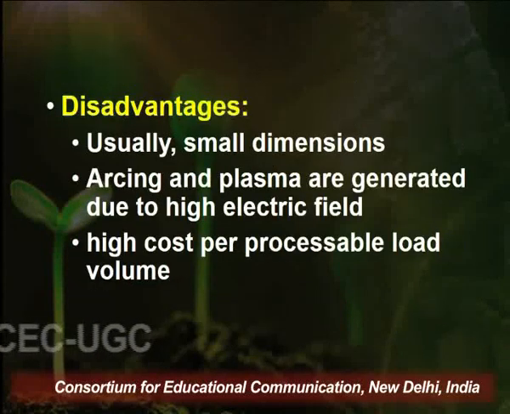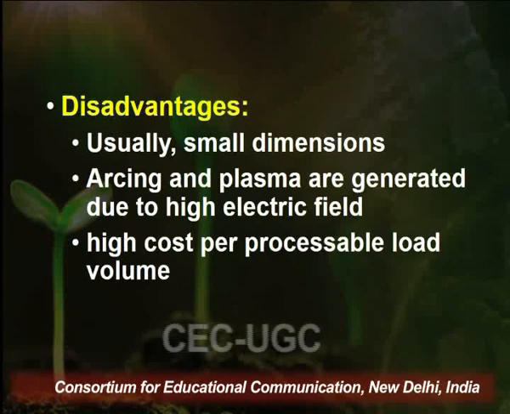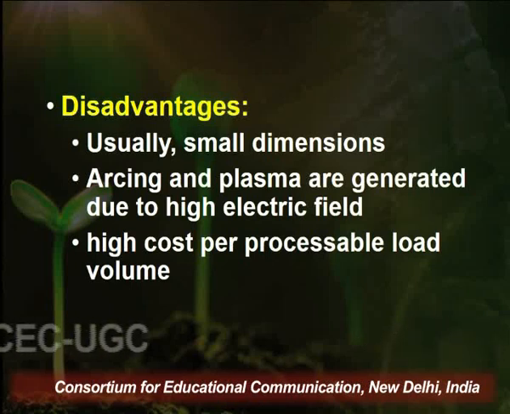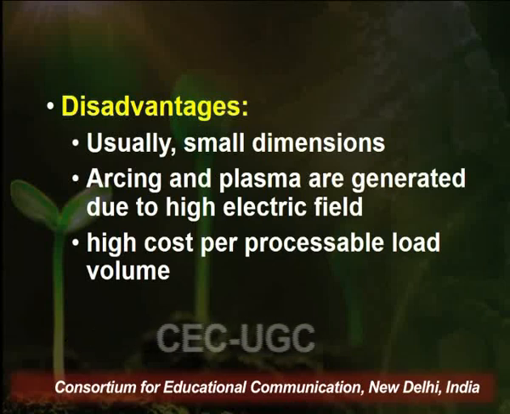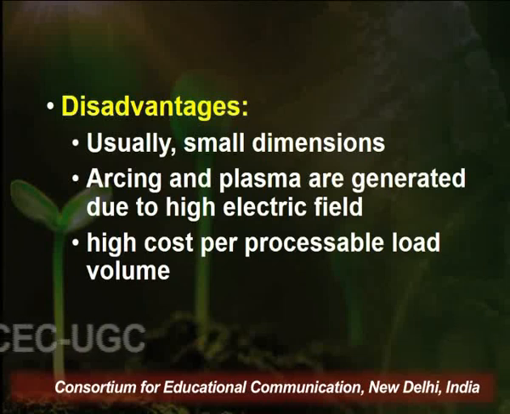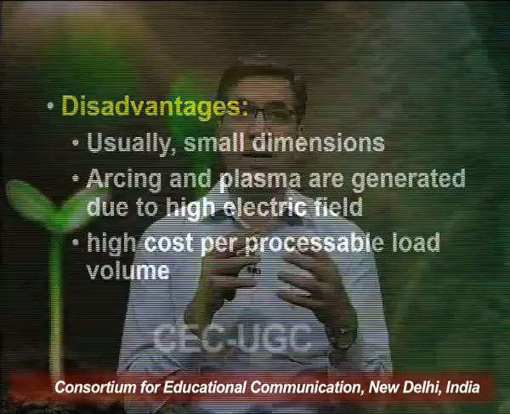But there are certain disadvantages with these monomodal cavities. Usually they are small in dimensions, and since they are small, you cannot extract larger amounts of material in these extractors. Arcing and plasma are generated during high electric field. Whenever microwaves are moved in a single direction, obviously a high electric field will be there, and this kind of high electric field sometimes leads to the arcing phenomenon, which is nothing but the development of electronic sparks in the electric field.